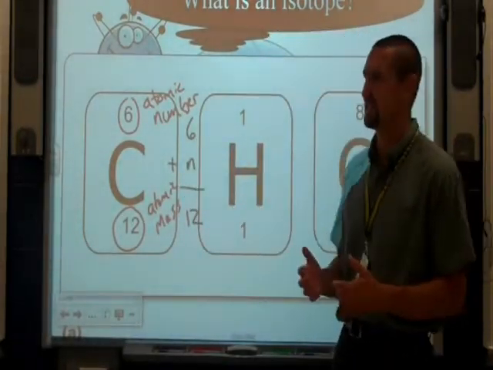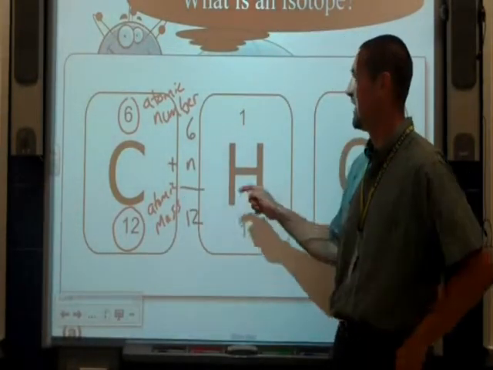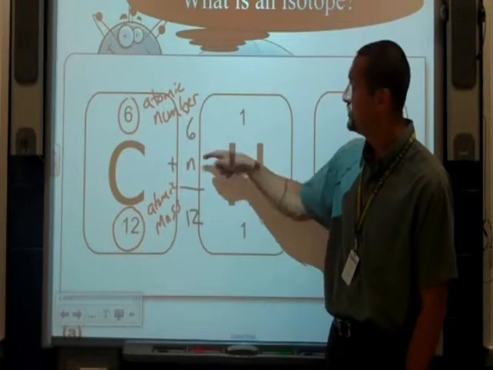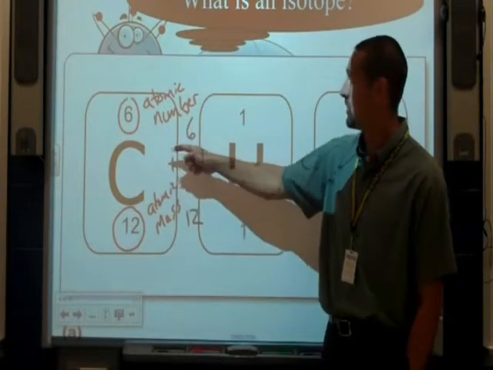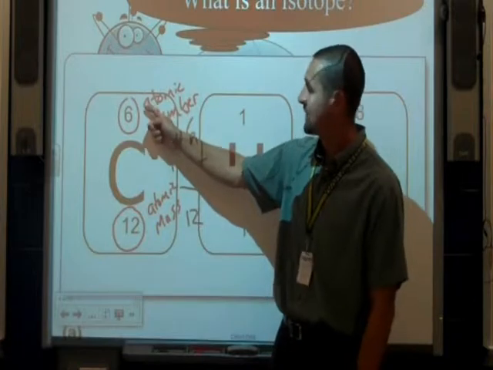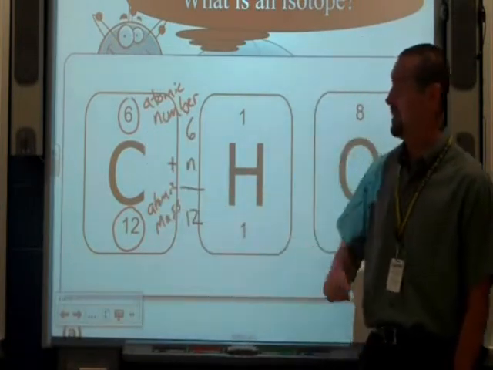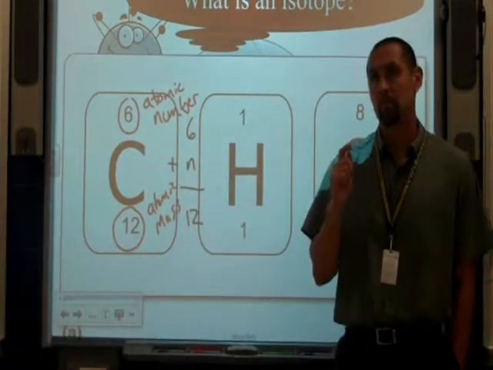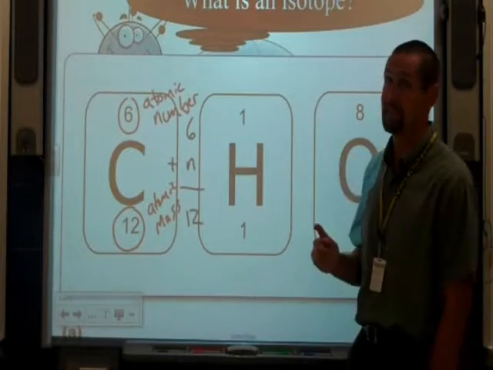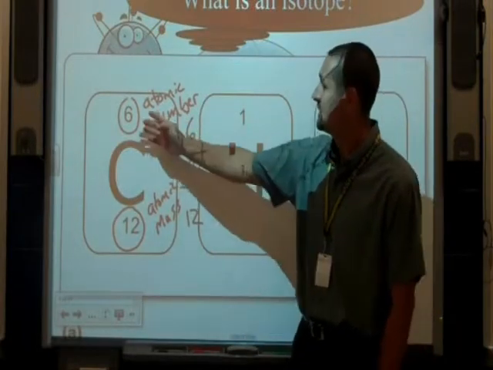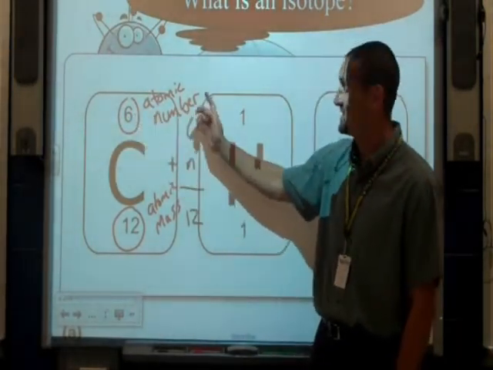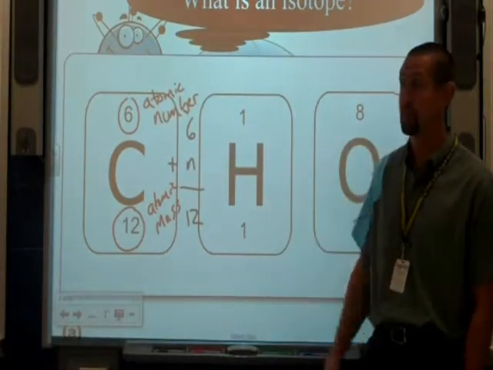Well, 6 plus 6 equals 12. That means there's 6 neutrons in carbon. So carbon has 6 protons and 6 neutrons. And if it's a neutral atom, that means it has 6 electrons, because 6 positives and 6 negatives make a neutral atom.